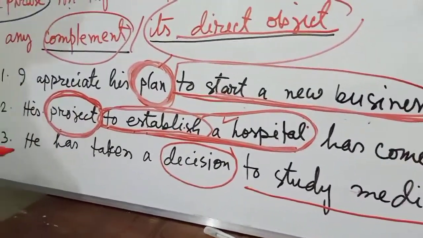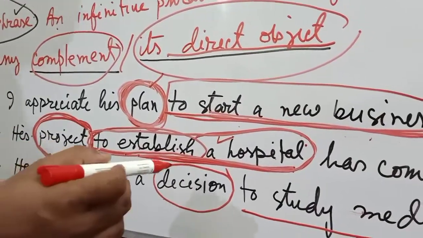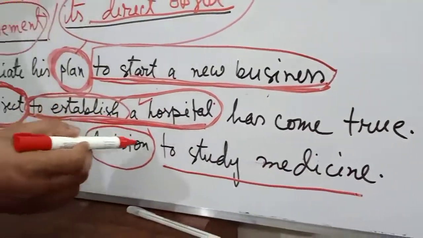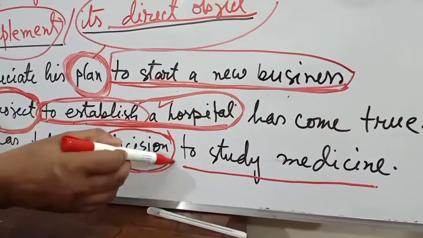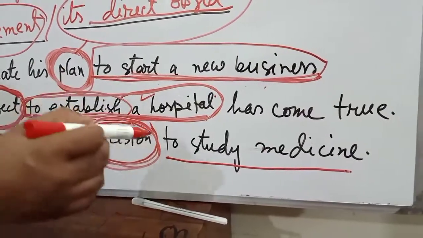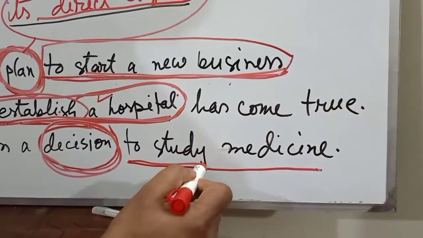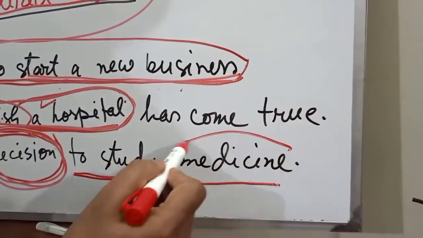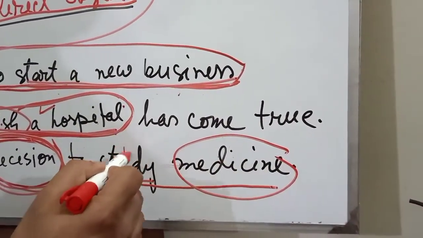In the third example, he has taken a decision to study medicine. Decision here is the head word or the word to be modified. Here, to study is infinitive, but medicine is the direct object of study.